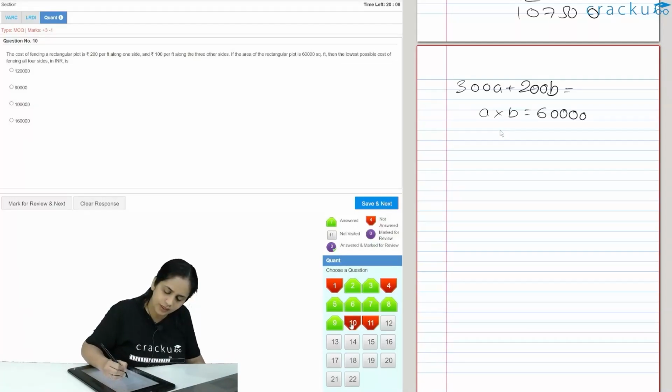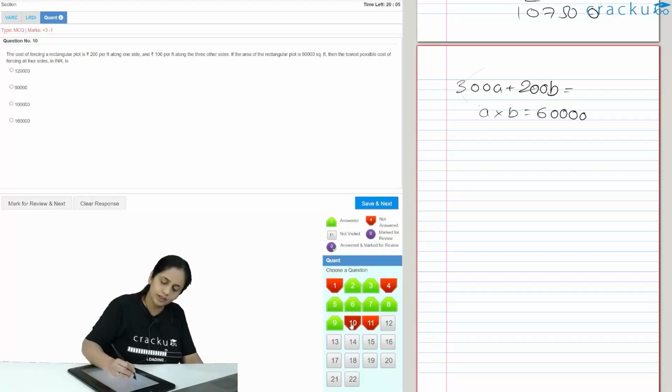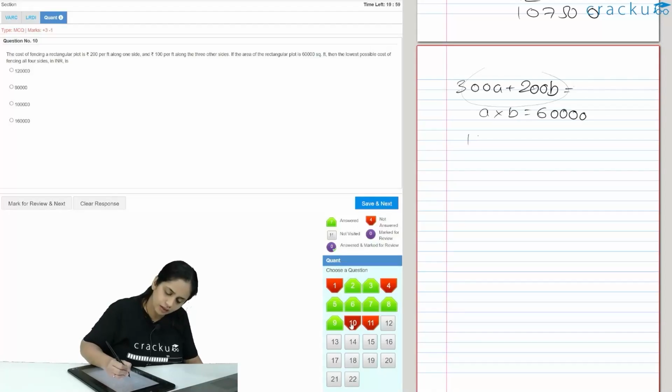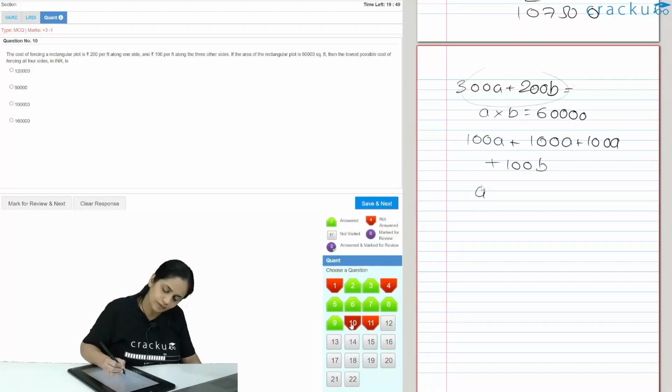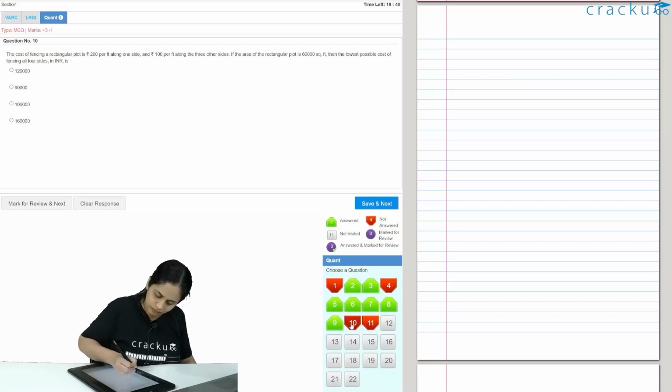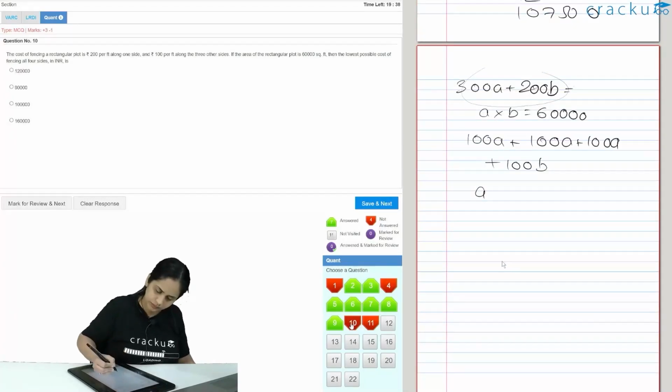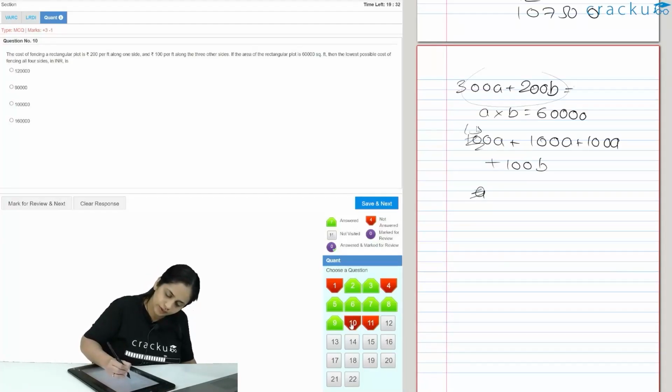So if I have to minimize this, AB is 60,000, so we'll say 150A plus 150A plus 100B plus 100B.